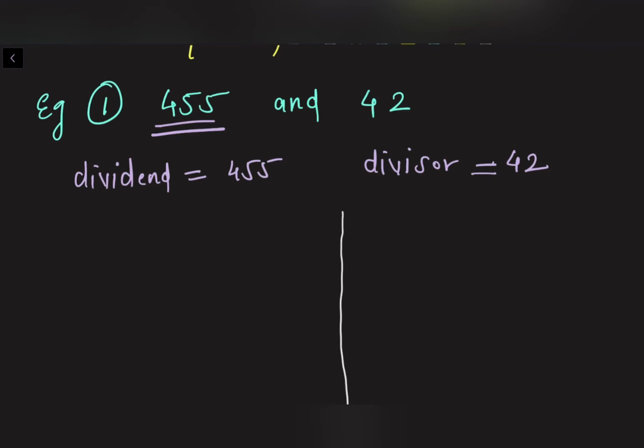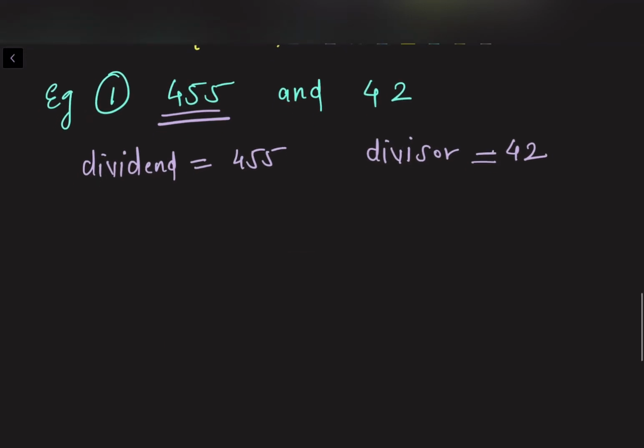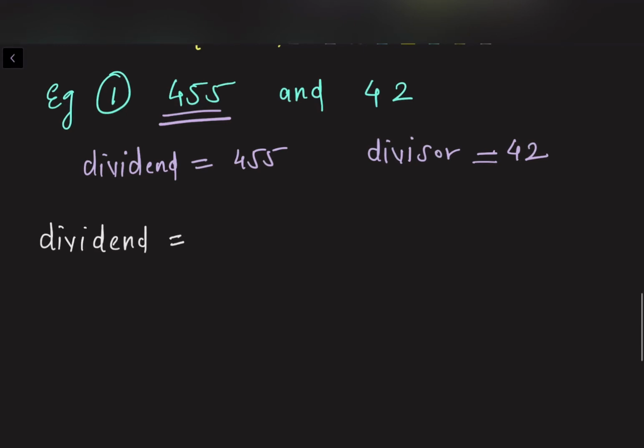Before doing the division, you should know this: dividend is equal to divisor into quotient plus remainder.